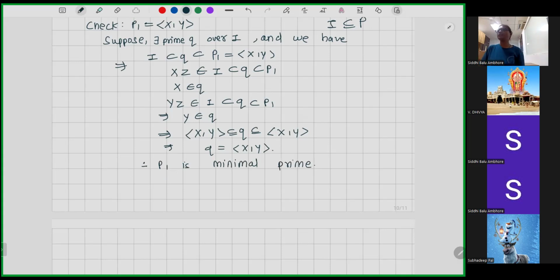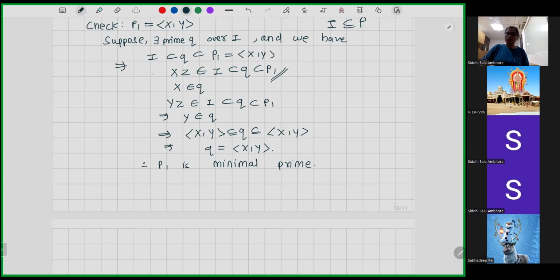Any doubts? We just started with some prime ideal. We considered that prime ideal to be contained in P1, and this Q anyway contains I, since we are considering it to be a prime ideal over I. And we are considering this condition that Q is contained in P1.